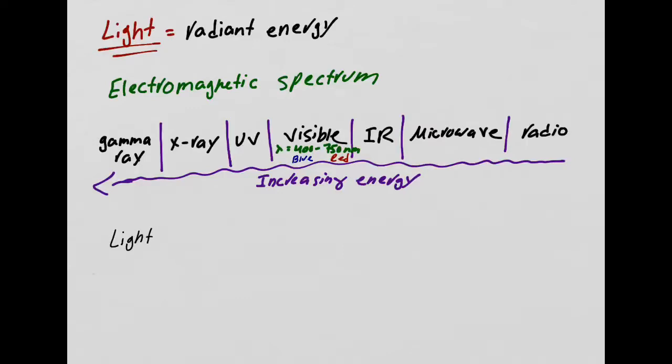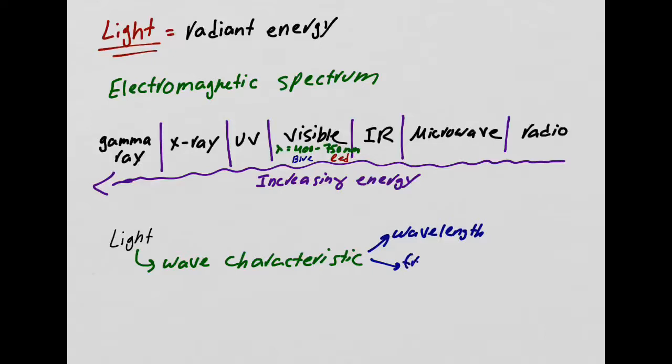Now light has a wave characteristic. What that means is, when you have a wave characteristic, you have a wavelength, and that means you have a frequency.